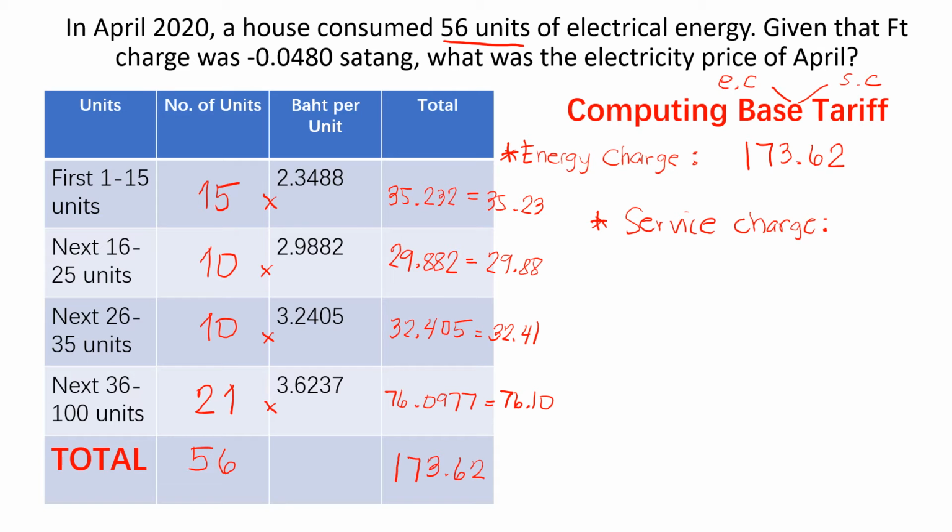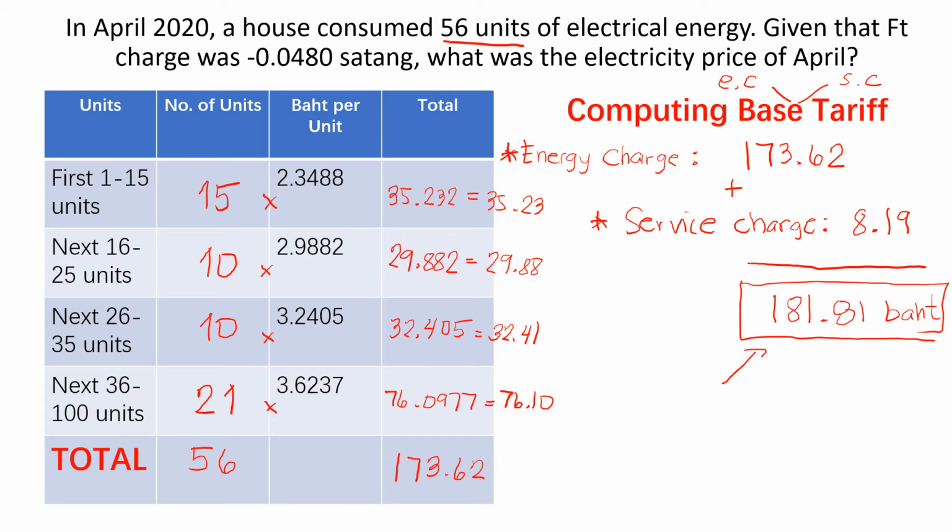So for our scenario here, which is 56 units, the service charge is 8.19 baht. So just add them. So 173.62 plus 8.19 baht, so you will get 181.81 baht. So your 181.81 baht here is your base tariff.